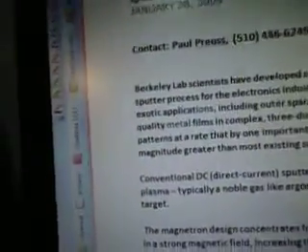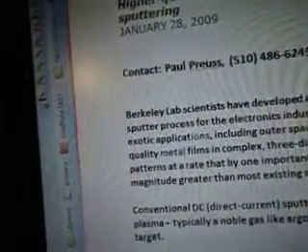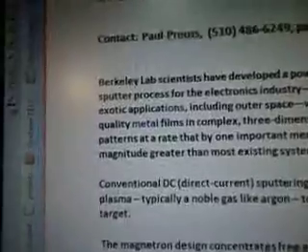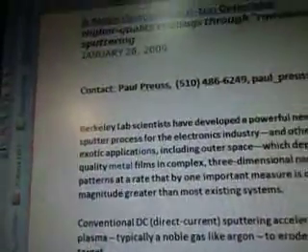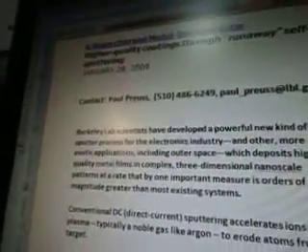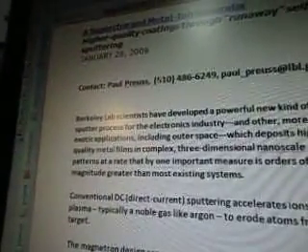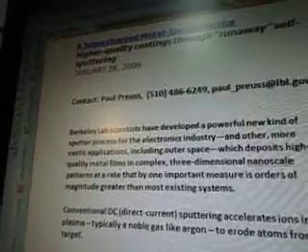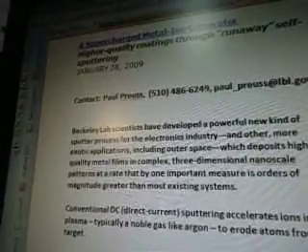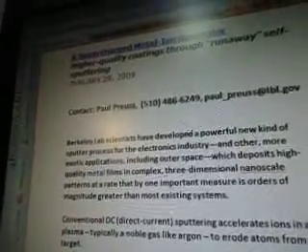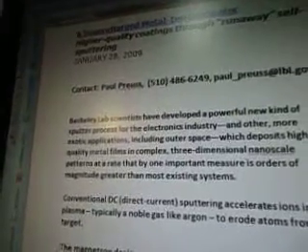So I looked it up to see what these guys have created. Berkeley Lab scientists have developed a powerful new kind of sputter process for the electronics industry and other more exotic applications. So when I think of exotic applications, I think of stuff out in space. There are things that they don't normally use it for, including outer space.